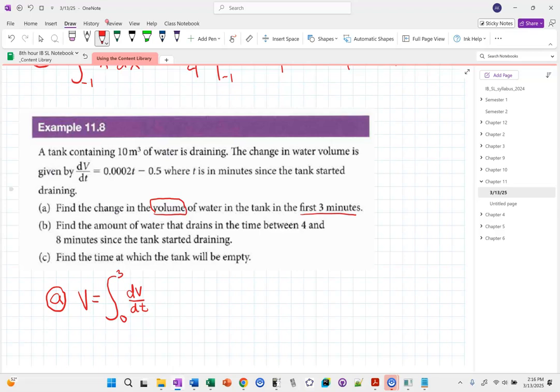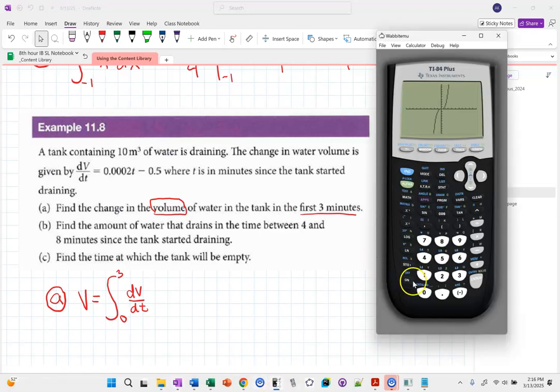Time would start at 0 and end at 3. Guess how I'm going to do this? On my calculator. That's the work that I'm going to write down, unless it tells me specifically I need to show more work than this. I'm just going to do that and then type it into my calculator.